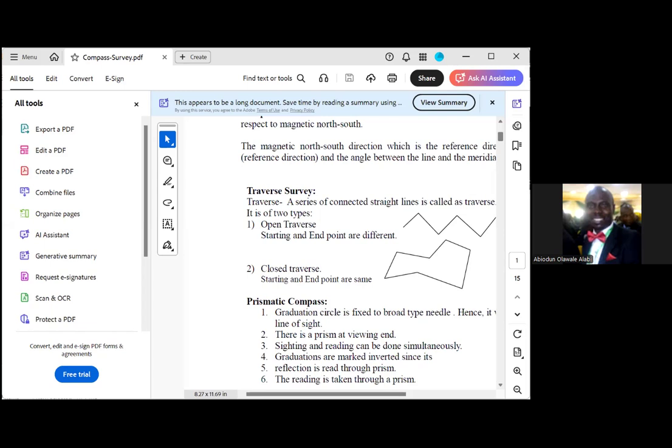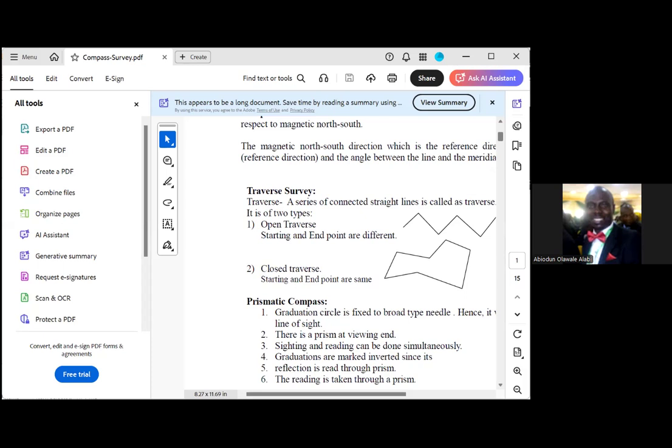So you have to study those materials and know how to correct for errors in your linear measurements. When you use a tape, it's possible your tape might contract or expand due to different factors. This may be the temperature, it may be the pressure, it may be error due to sag, and so on and so forth. So look at those materials.